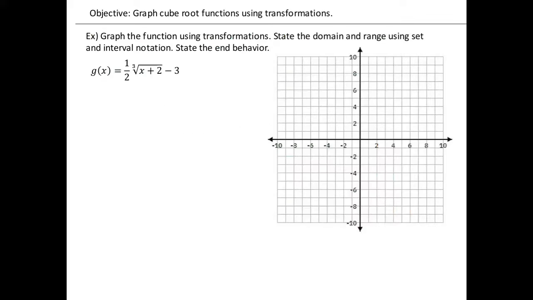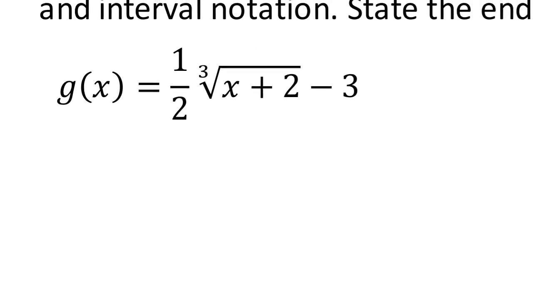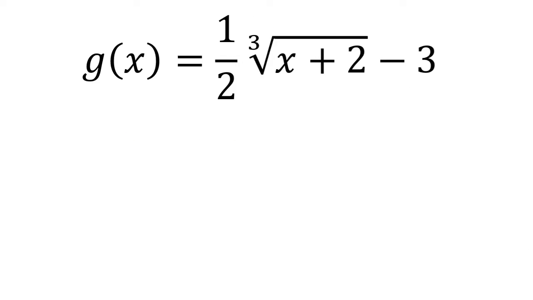All right, so let's look at our first example. Can I have you please copy this first example here? g of x equals 1/2 times the cube root of x plus 2, minus 3. All right, so we need to first find a, h, and k.